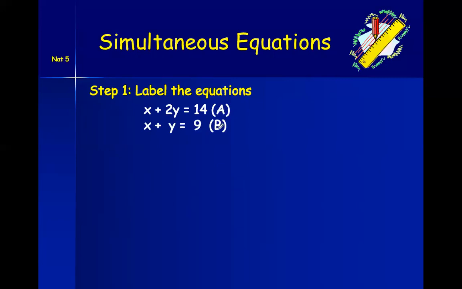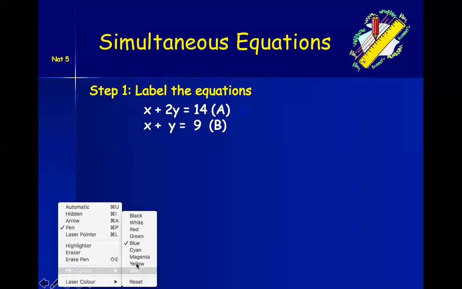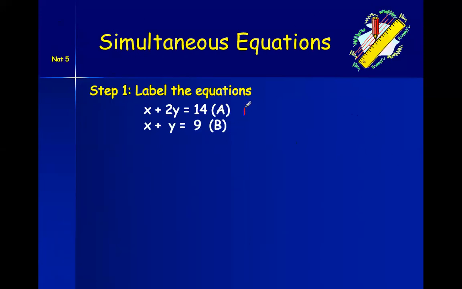So one we've called the A, the other one we've called the B. Some teachers, instead of A and B, call them 1 and 2, and put the 1 inside a bubble or something. So they call that equation 1, and this is equation 2. Some other teachers use AB, or small a, small b. It's up to you. It's probably better to use capitals, because sometimes you're asked to solve equations with a and b's in them.